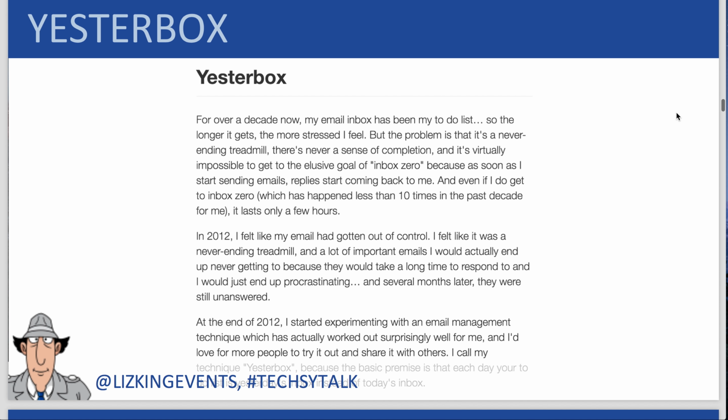This is just something I want you to read. Tony Hsieh from Zappos, the very big shoe company that I think was bought out by Amazon. He has an email management theory. It's just a theory. There's no app associated with this. If you Google Yesterbox, you can read this full philosophy. But again, managing email is going to be one of your biggest tasks as an event planner because so much happens through the inbox.